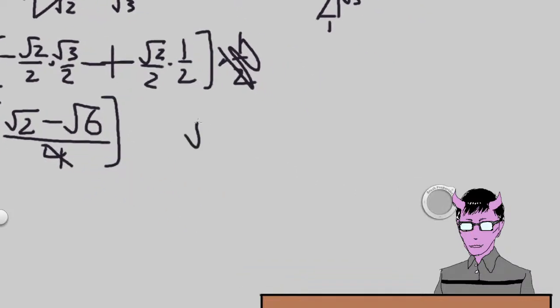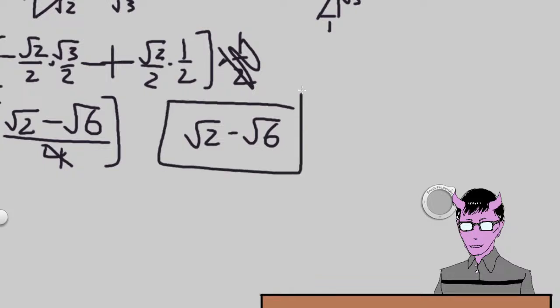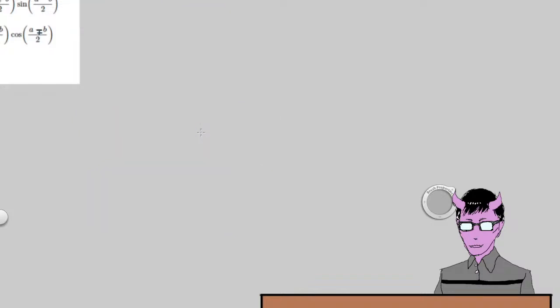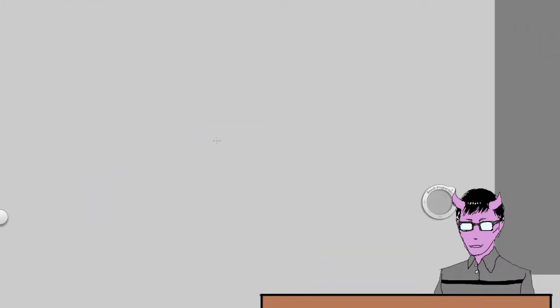Final answer is root 2 minus root 6. And that problem is complete. And now we have 6 times sine. Sine of what? 23 pi over 12.